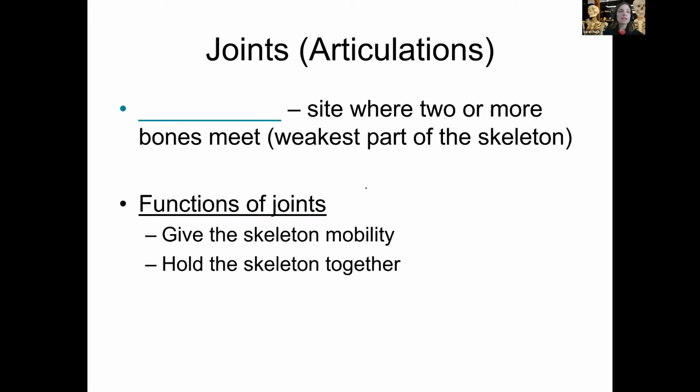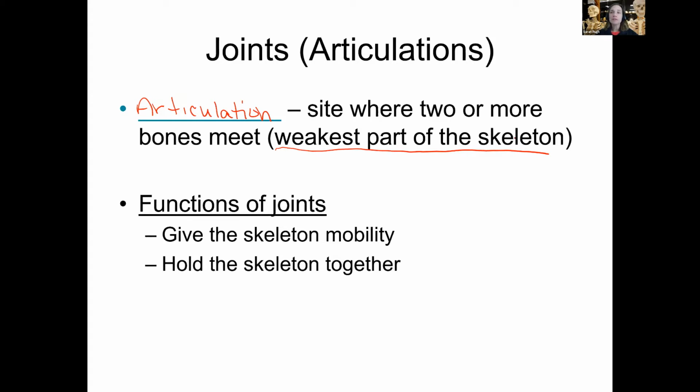All right, so we already know this term articulation. It is a joint, so it's where two bones come together. Now, it is really important that we have joints in the body. They allow for movement. But remember, if you have two bones that are coming together and they're held together with soft tissue, that is obviously going to be the weakest part of your skeleton by far.